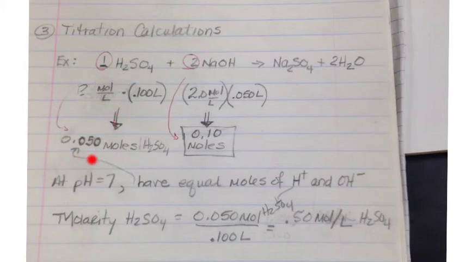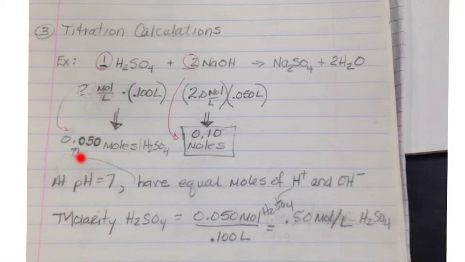That still comes out to be equal moles of H plus with this. Slightly confusing, but notice the 1:2 ratio. You'll have to go back and look at this again.